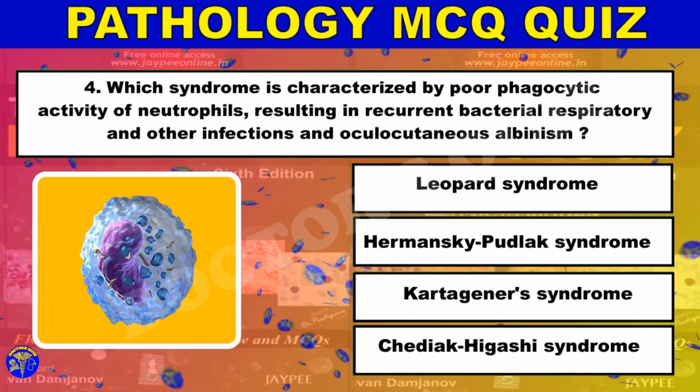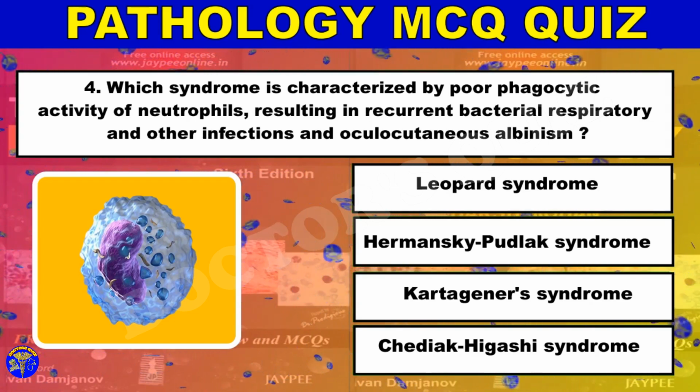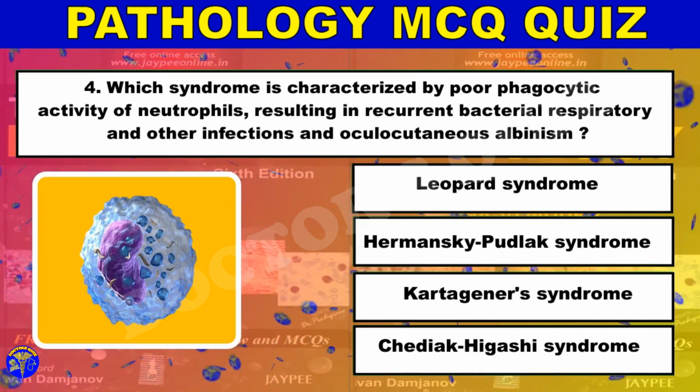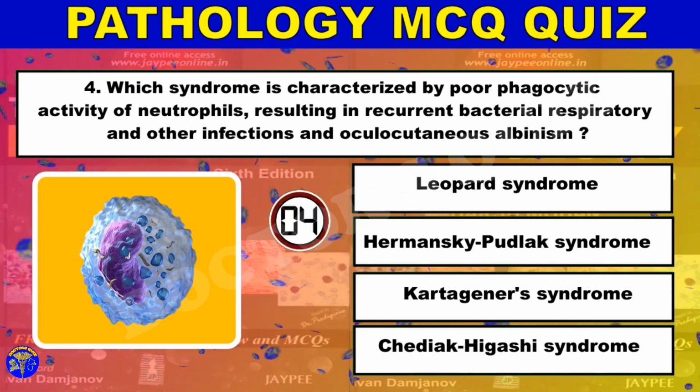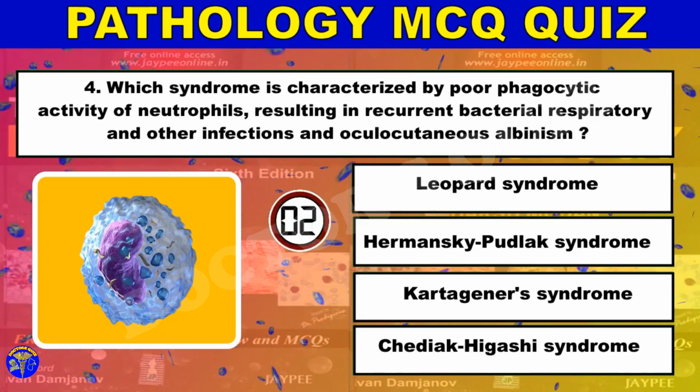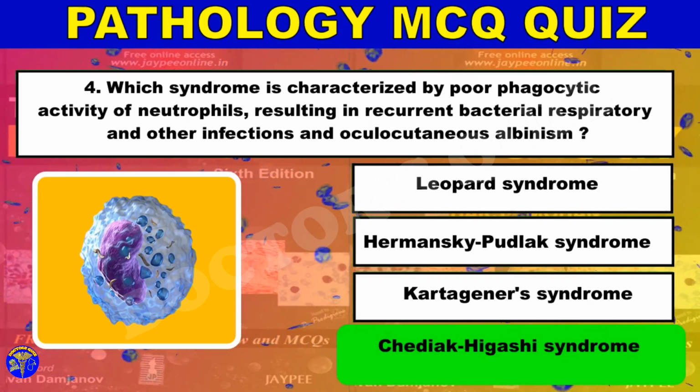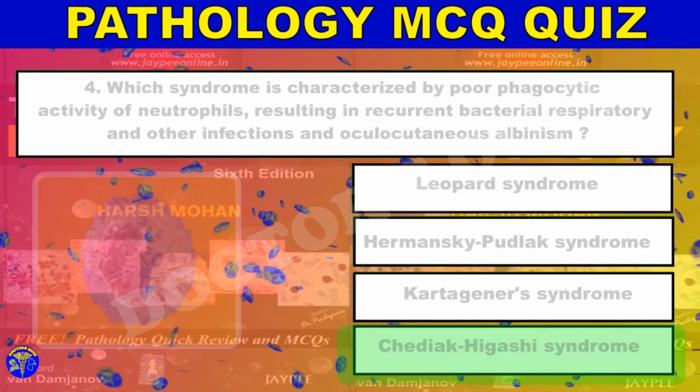The options are Leopard syndrome, Hermansky-Pudlak syndrome, Cartagena syndrome and Chediak-Higashi syndrome. The right answer is Chediak-Higashi syndrome.